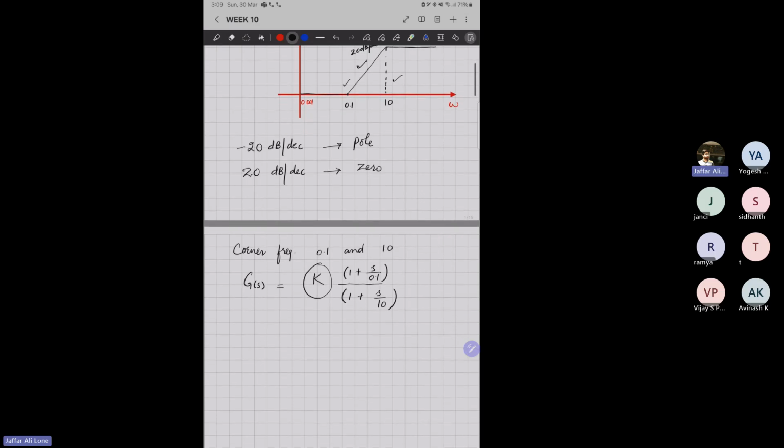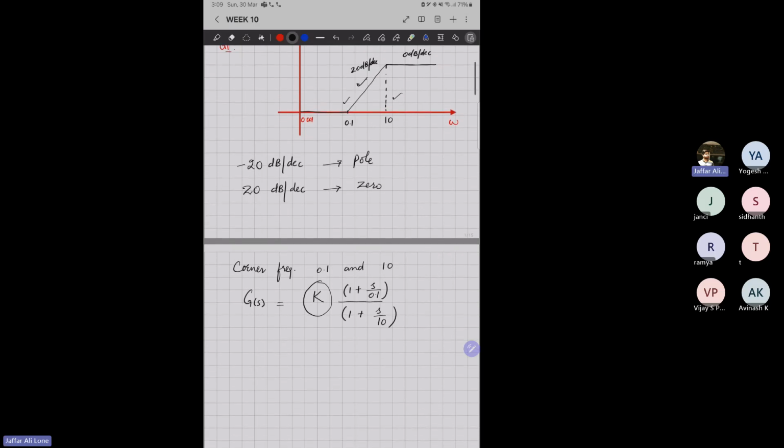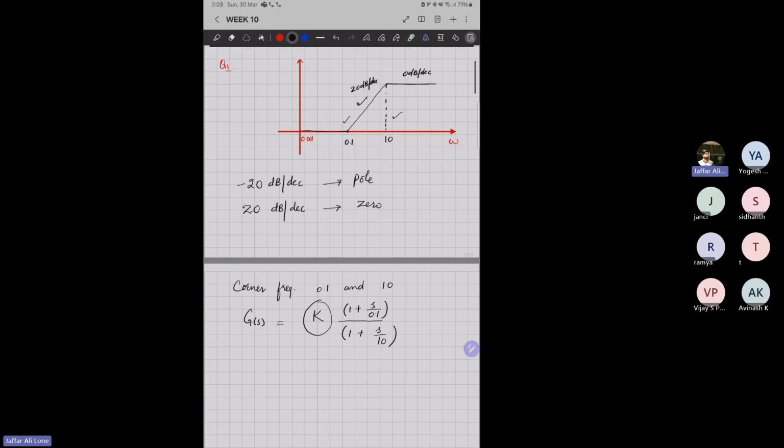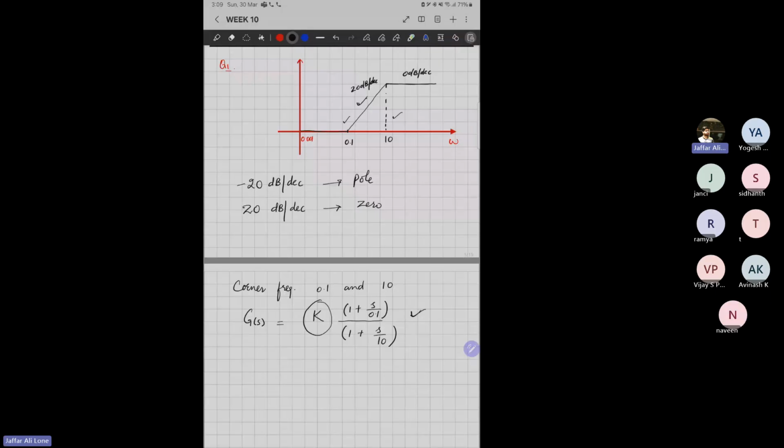So how to find this gain k, there are different procedures. It depends on the type of the system. For example, if we see this system, there is no pole at the origin.